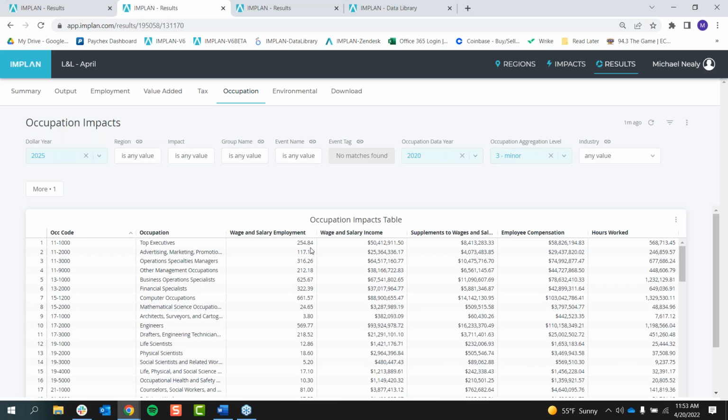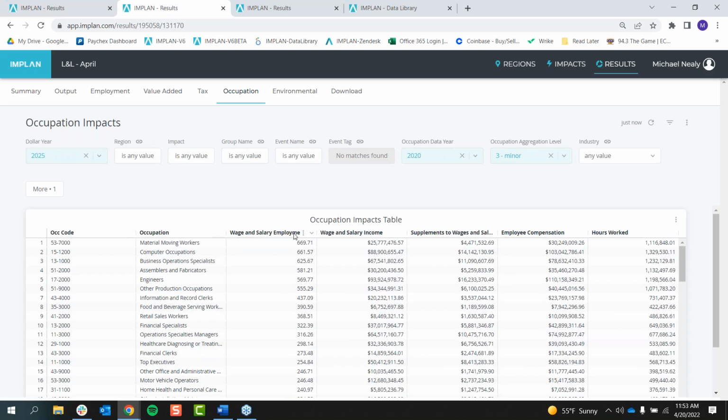So yeah, we're again viewing this in 2025 dollars. We'll sort this table by wage and salary employment. We can see just under 670 material moving workers are going to be supported by this new facility, with 661 or so computer occupations as well.